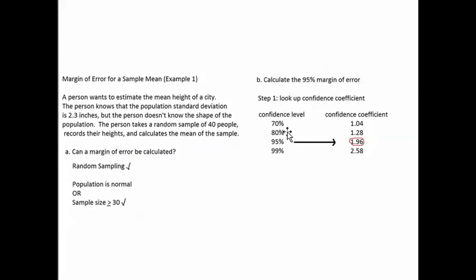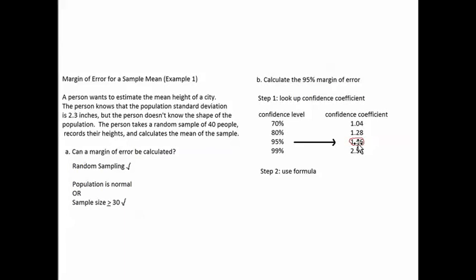This table is actually online. You can look it up if you want to. I might send it out through email, but in this video I just decided to create my own version of the table and put it on the slide. So the confidence coefficient for 95% is 1.96. That's the number we'll need.